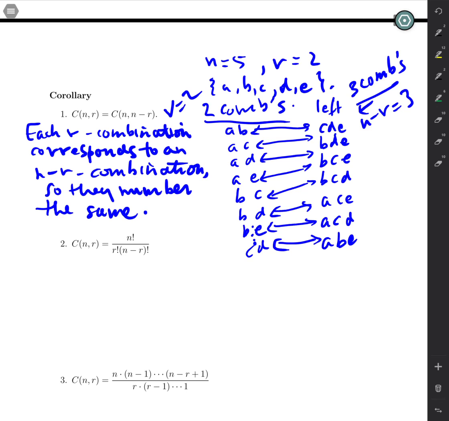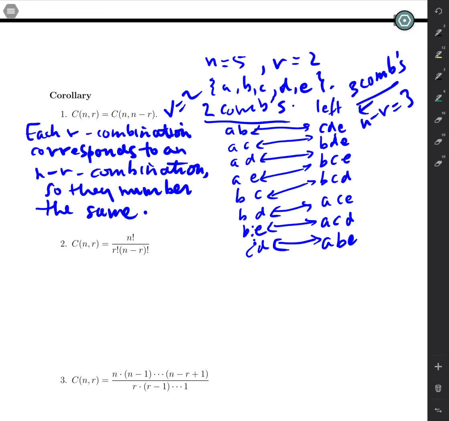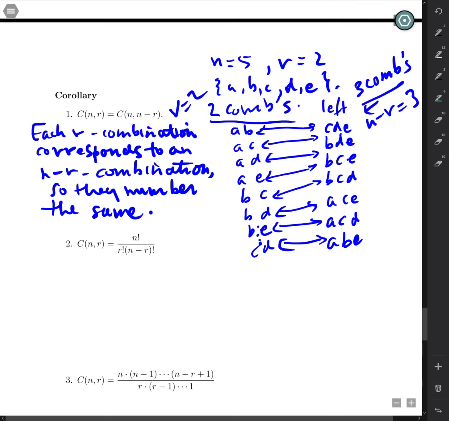So the next formula I want to talk about is a pure algebraic formula for C(n, r) in terms of factorials. This plays off of the fact that we know that the combinations are counted in a way related to the permutations. So for the proof, C(n, r) is equal to P(n, r) divided by r factorial from our previous expression.